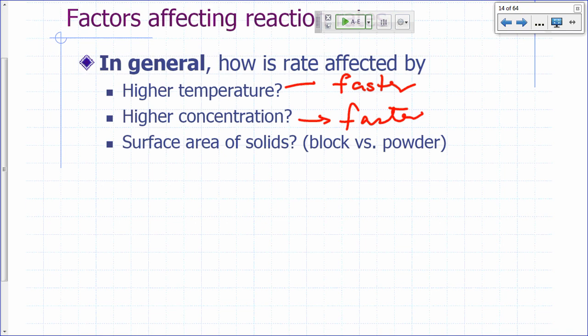So making measurements of rates gives you clues about what's going on at the molecular level. What about surface area? If I had a block versus a powder, which one would react faster? In general, the powder would react faster because you have more frequent collisions. You get more molecules exposed, whereas in a block, the molecules inside your block are not exposed to the other reactants.